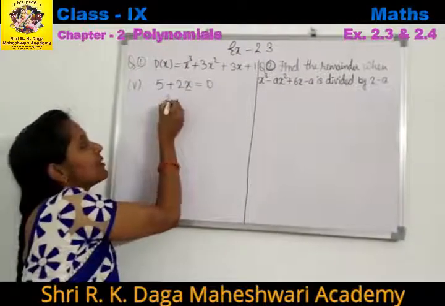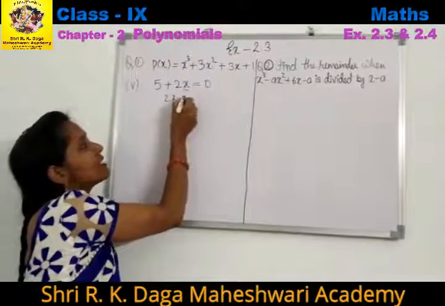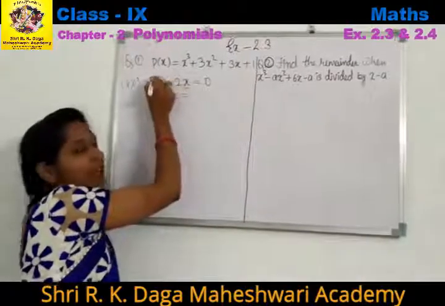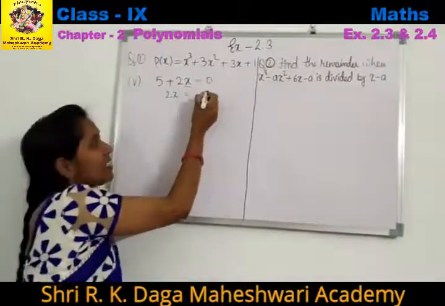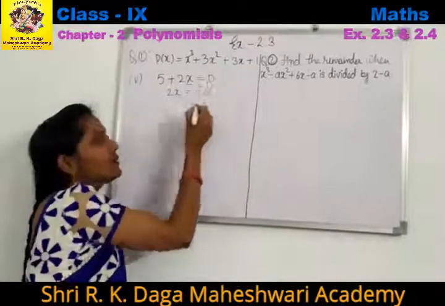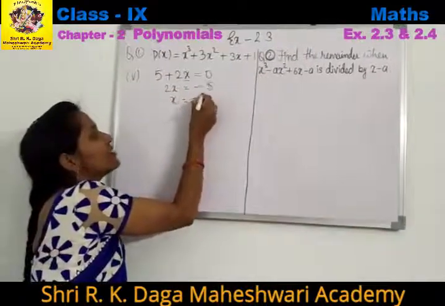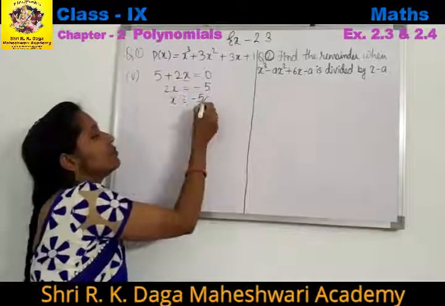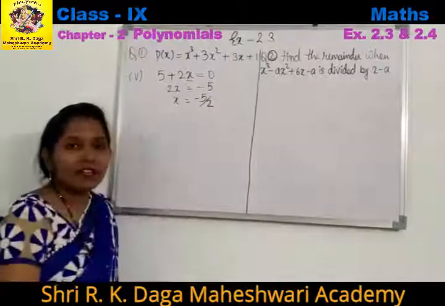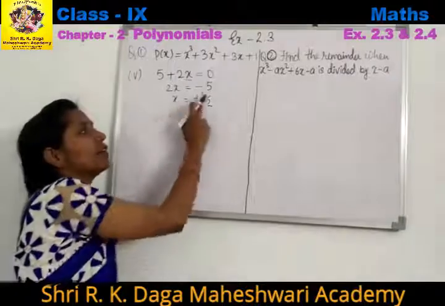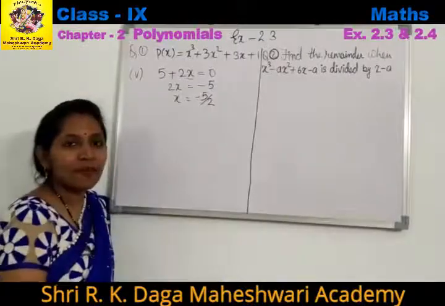When we put this term as 0, we get 2x equal to plus 5. When we shift this to this side, we get minus 5. And to find the value of x, we shift this 2 to the other side. So we get the value of x as minus 5 by 2.